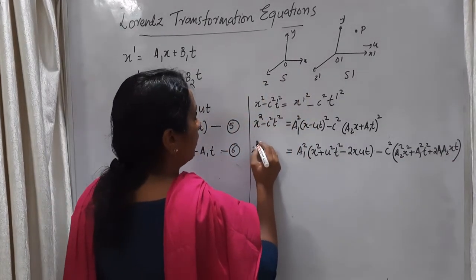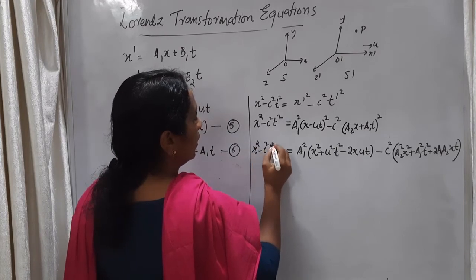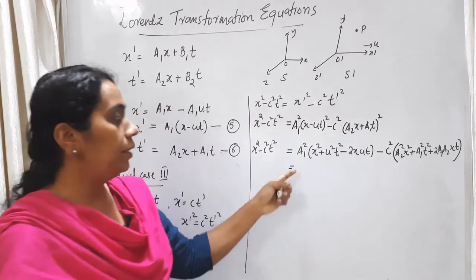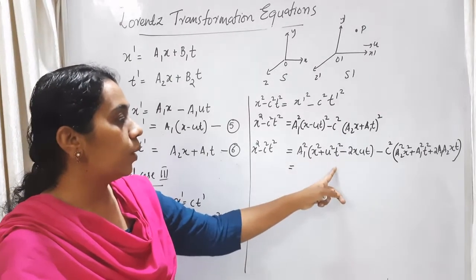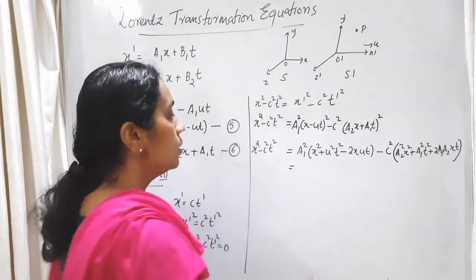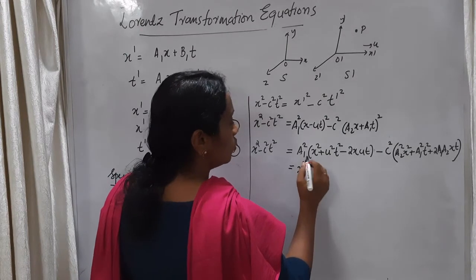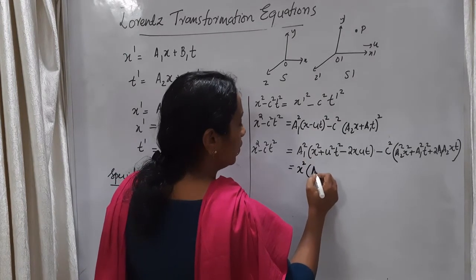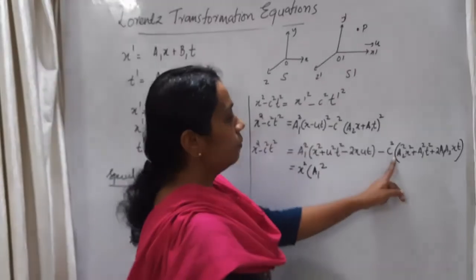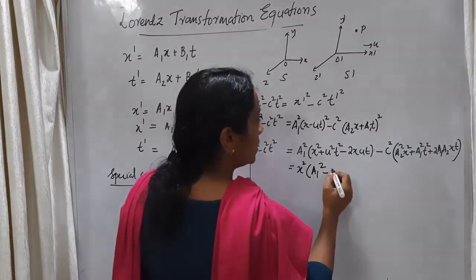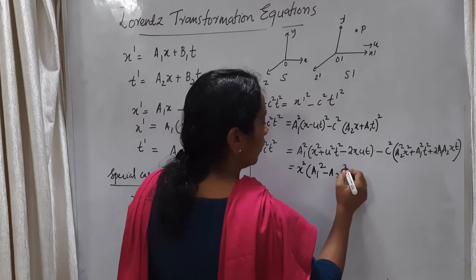So x square minus c square t square gives this. Now let me group the x square terms, t square terms and xt terms. Okay, so taking the x square terms, I can write x square into, in the first bracket you have a1 square, from here you have minus a2 square c square.